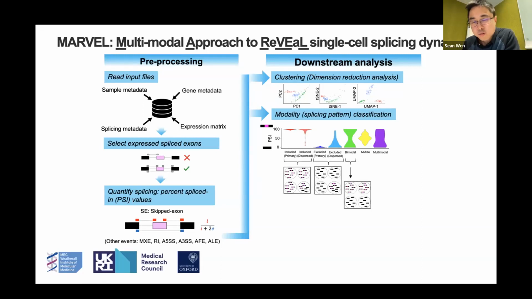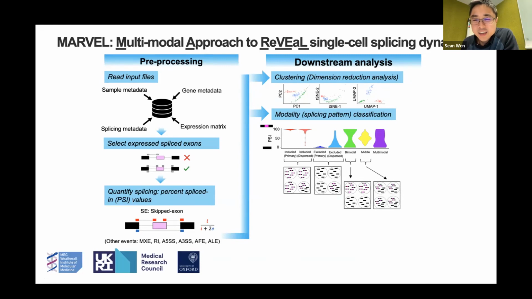Bimodal means that we have two populations of cells. The first population of cells expresses the pink exon, whereas the second population of cells excludes the pink exon. Middle is a very interesting pattern.